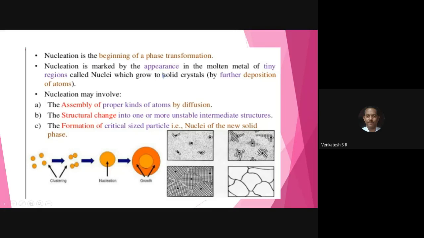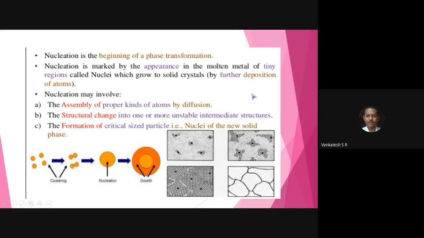At 900 degrees centigrade, the cast iron has FCC structure. When it comes to the temperature of 1350 degrees centigrade, the FCC changes into BCC crystal structure. That is the structural change with respect to temperature, that is unstable intermediate structures.